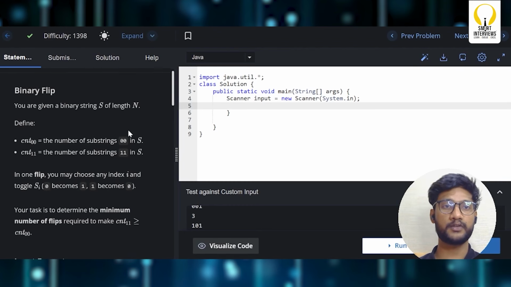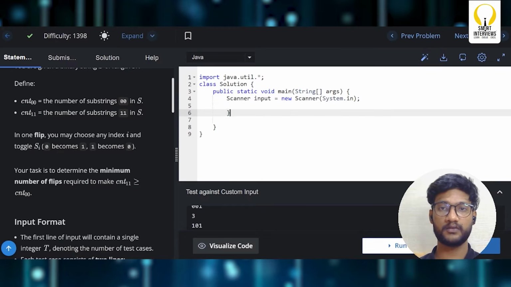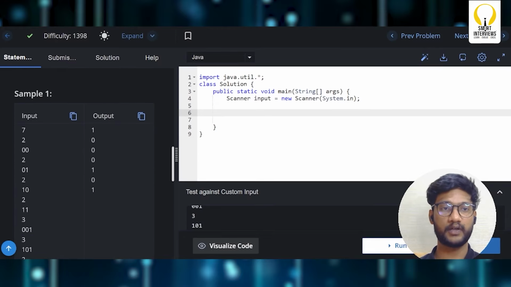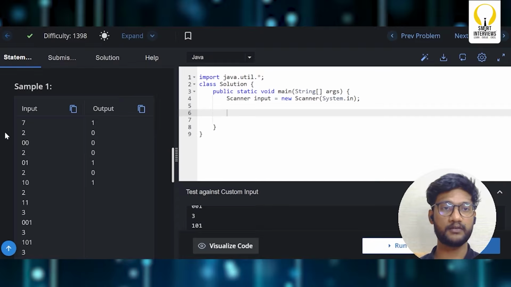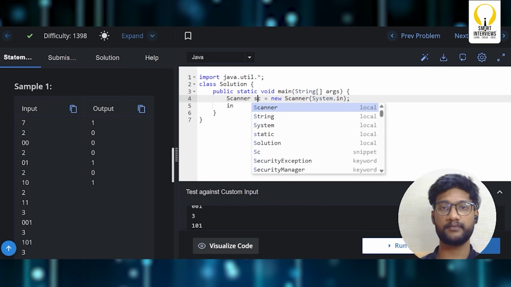So guys, we'll try to solve this problem, binary flip. If you see, we have test cases, and also n and a string input. So we'll try to read those things. First of all, I'll create my scanner.